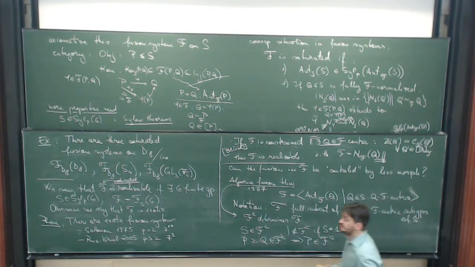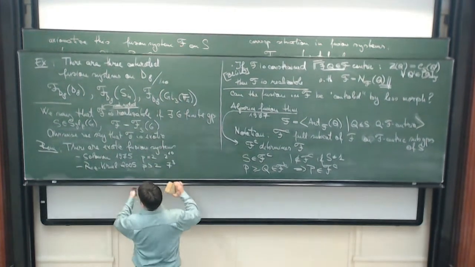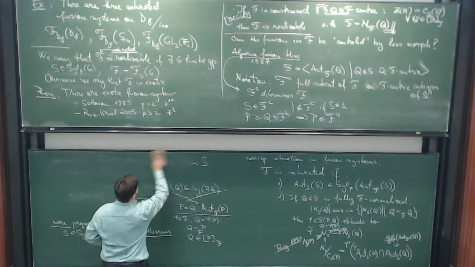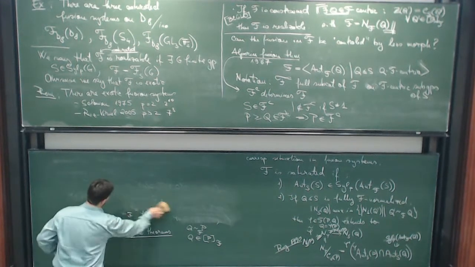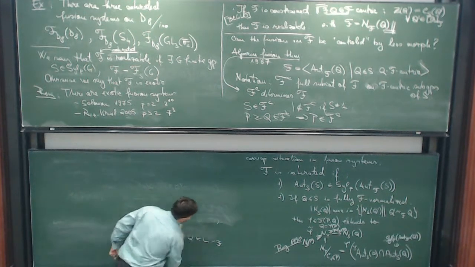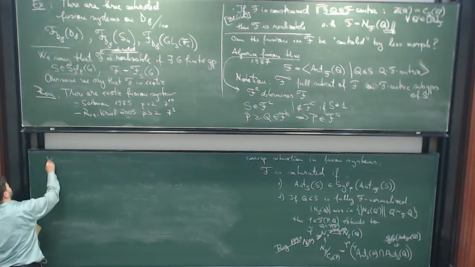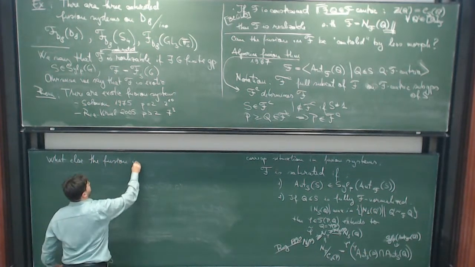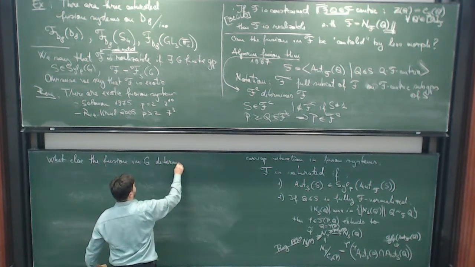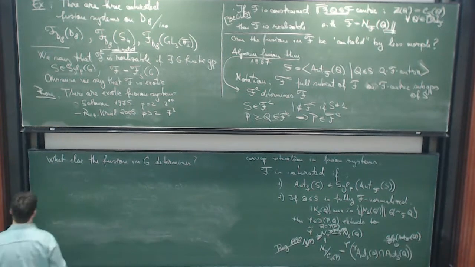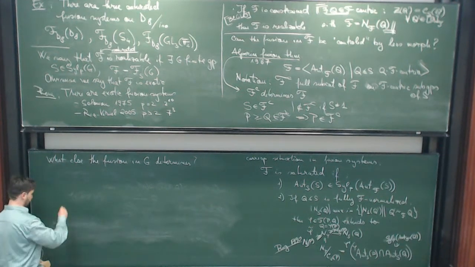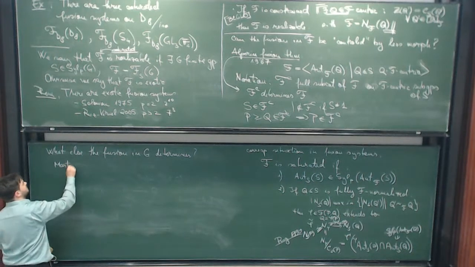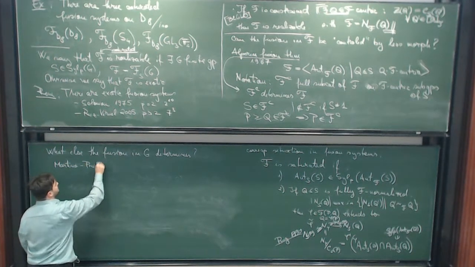So now, what else does the fusion determine? In the fusion system, let's say the fusion in a finite group G, it determines, for instance, the homotopy type of the p-completion of the classifying space of G. This is the Martino-Priddy conjecture.